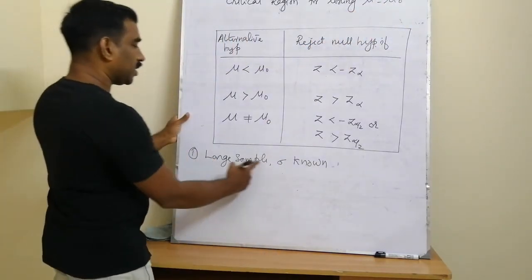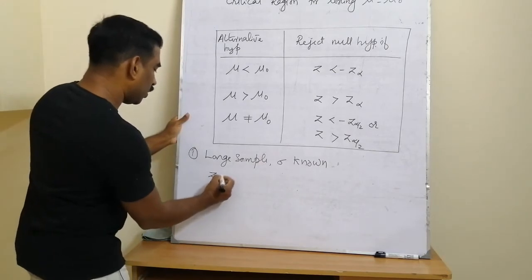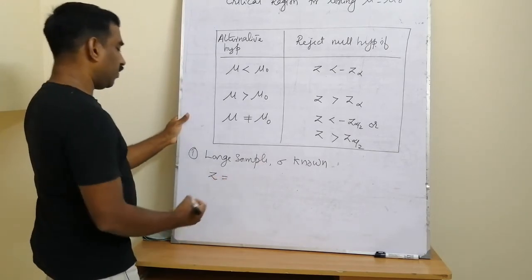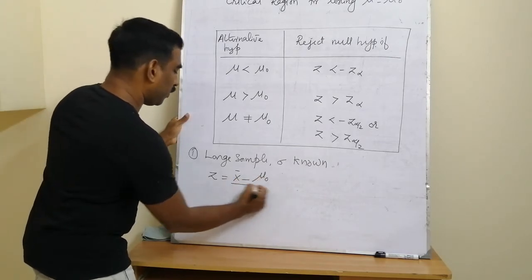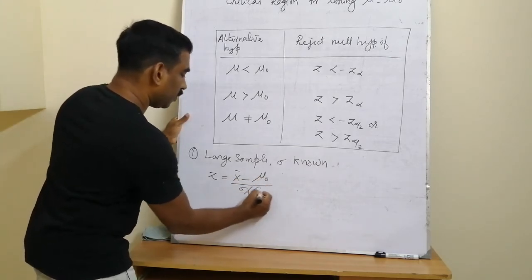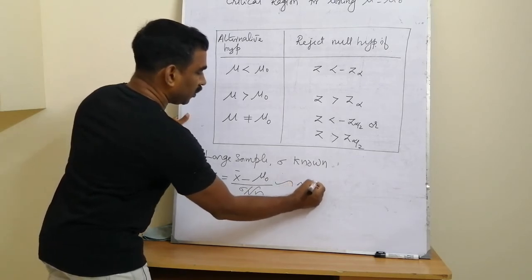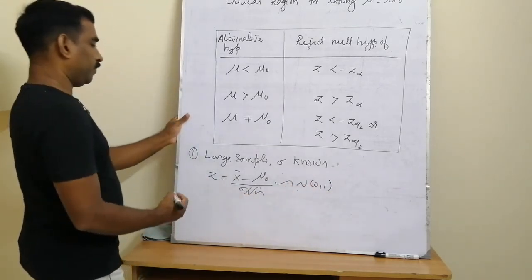And we know that for large sample with sigma known, the sampling distribution or the corresponding random variable Z is x bar minus mu naught divided by sigma by root n. That follows normal distribution with the parameters 0 and 1.